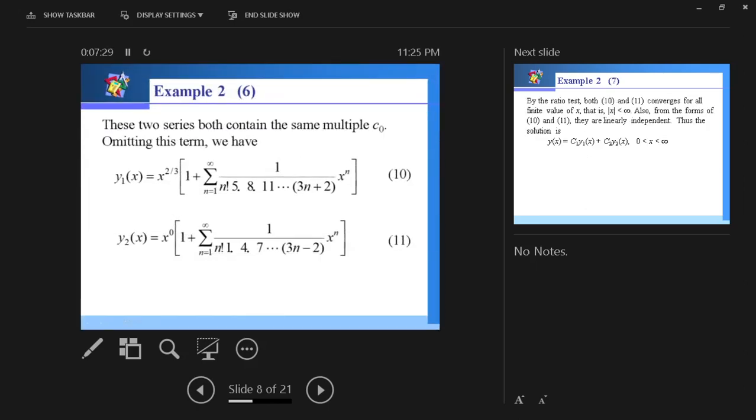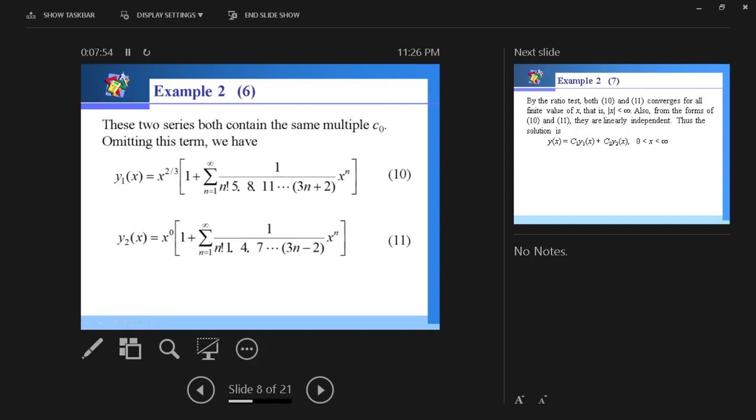Then these two series both contain the same multiple c_0. Omitting this term, we have y_1(x) = x^(2/3)[1 + summation n = 1 to infinity (-1)^n over n! 5·8·11···(3n+2) x^n].